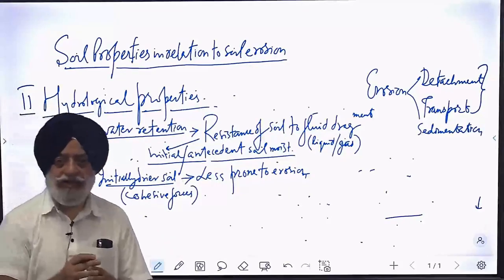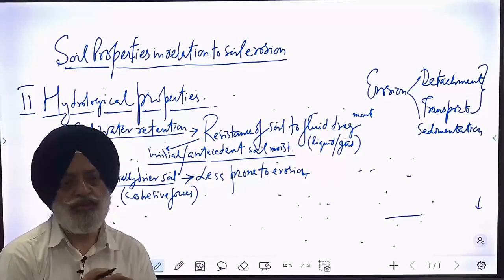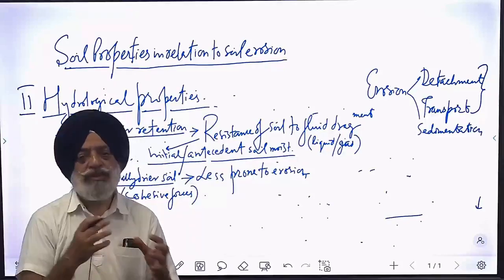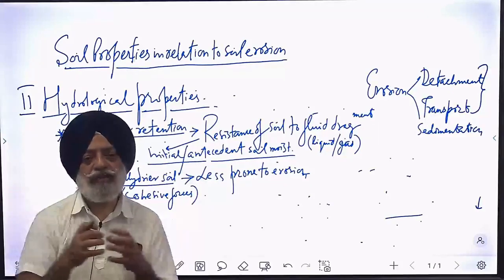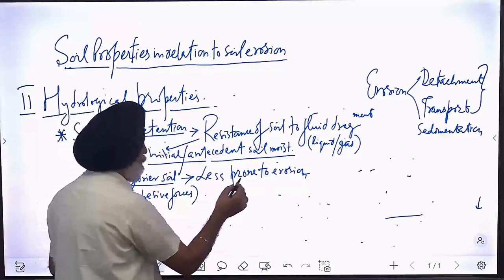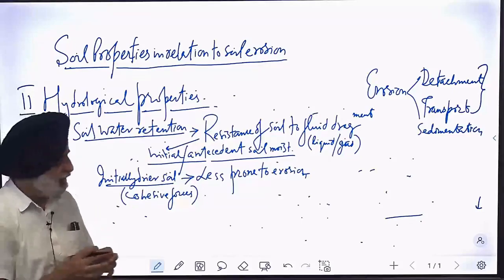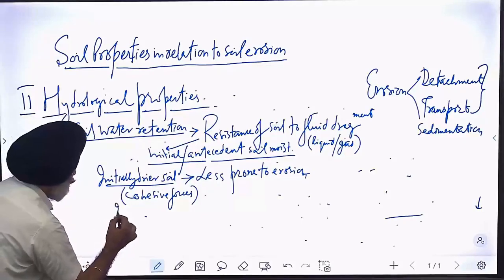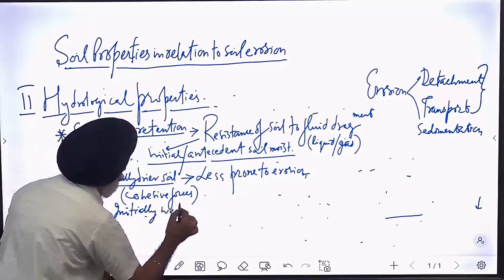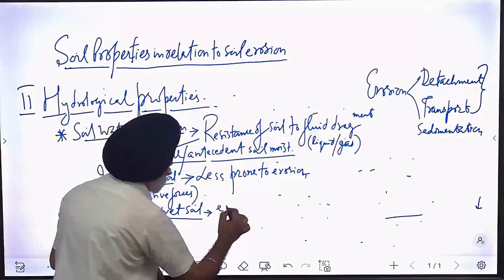Because the soil particles, these cohesive forces are the force of attraction between two similar particles. So, if it is a dry soil, the soil particles will be strongly attracting each other. So, in this case, it will be less prone to erosion, it will be a bit difficult to erode such soils. But on the other hand, if it is initially wetted soil, initially wet soil, then it could be easily broken down.